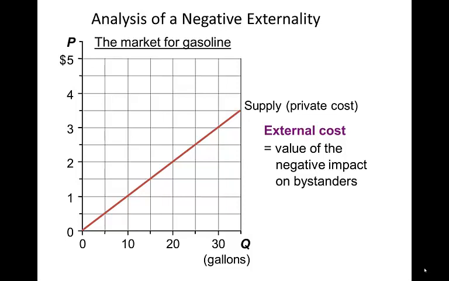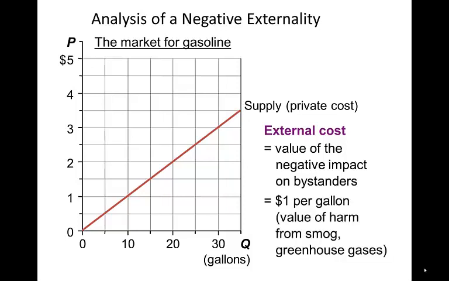When I purchase gasoline and drive around in my car, that produces pollution, and society as a whole bears some additional cost. Let's just say that cost, to keep things simple, is $1 per gallon. So every gallon of gasoline that I burn generates $1 of cost on society.